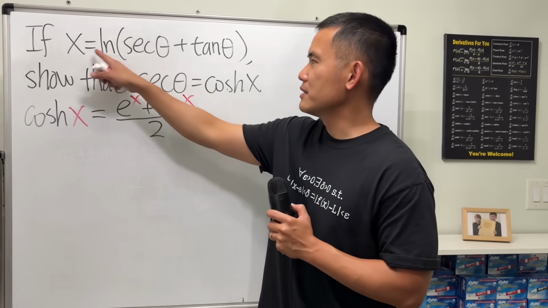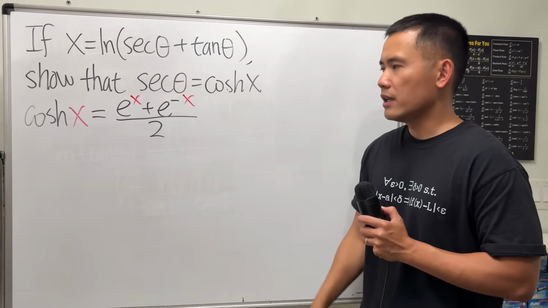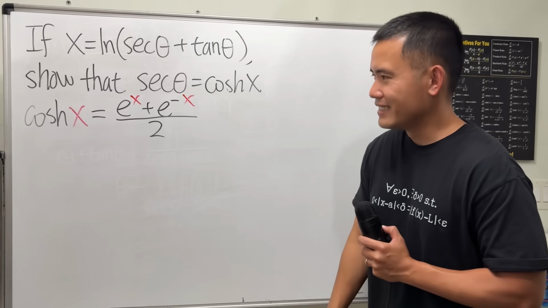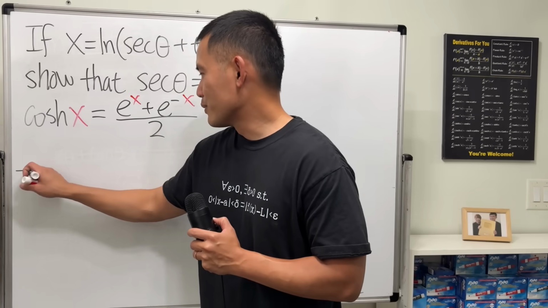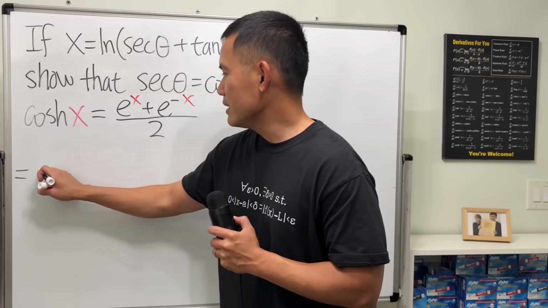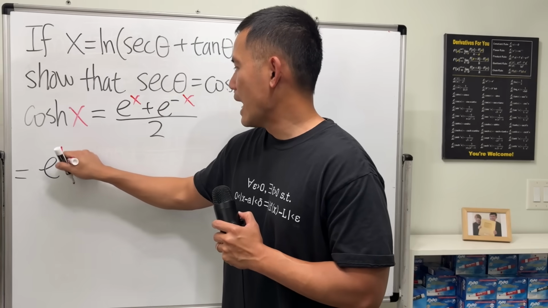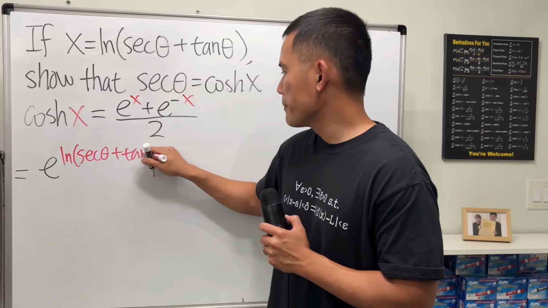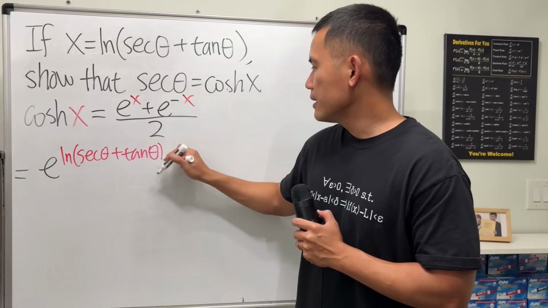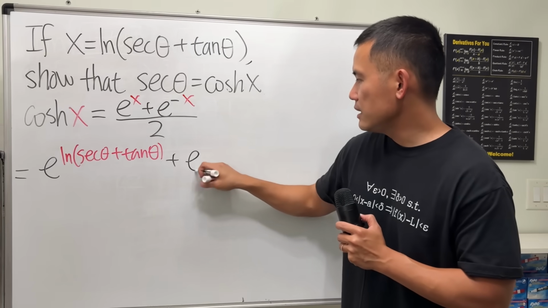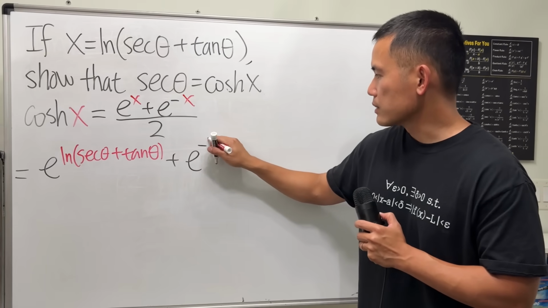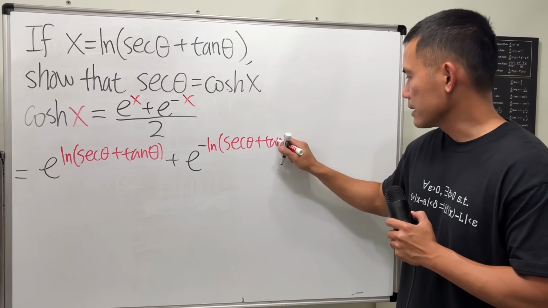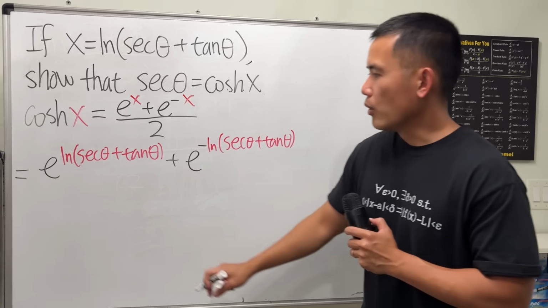Because we know what x is already. You can just plug in and then work it out. Let me just finish this right here for you guys real quick. So when you have e to the x, which is ln of secant theta plus tangent theta, and then plus e to the negative x, which is ln of secant theta plus tangent theta right here, and all over 2.